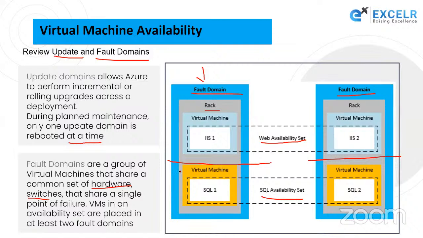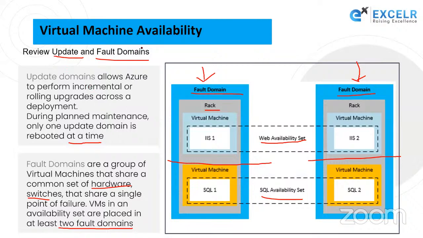The VMs in your availability set are placed in at least two fault domains to have more resiliency. This is mandatory, so you should not face any issues because of a rack or switch failure.